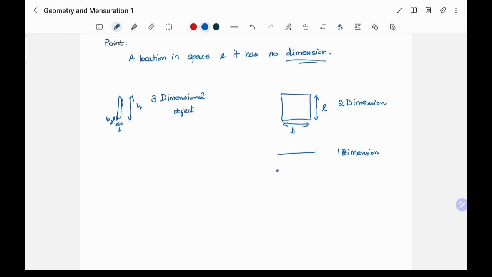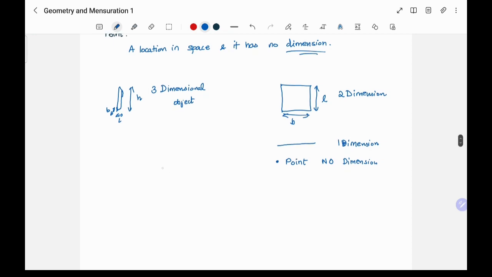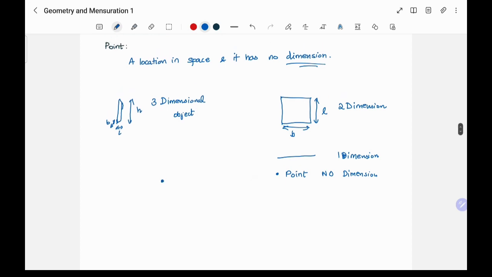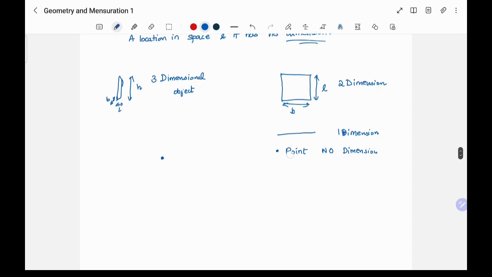And if it's just a point, we say it is 0-dimensional or no dimension. And usually when we represent a point, it is equivalent to specifying a particular location in space, right? So that is the point.